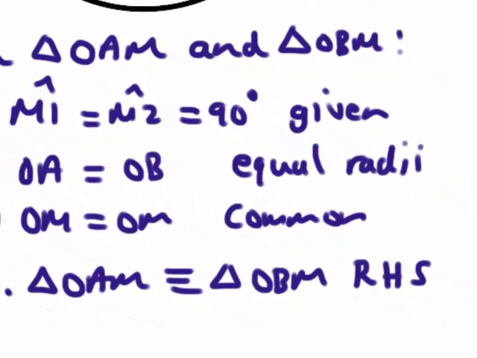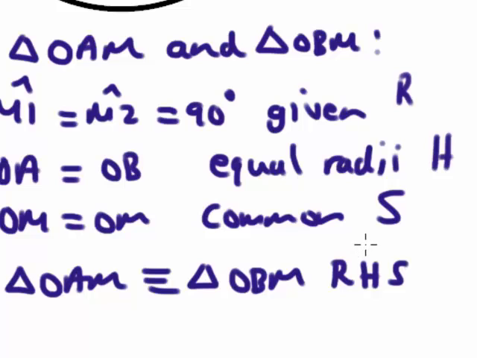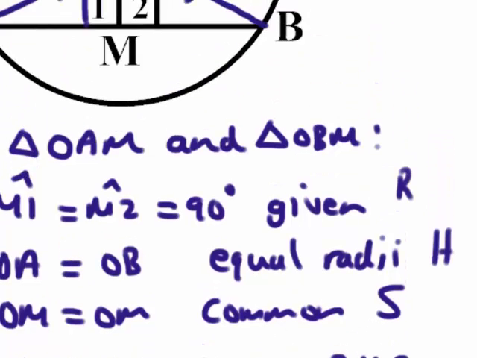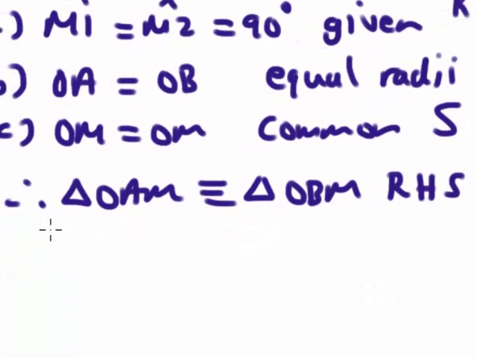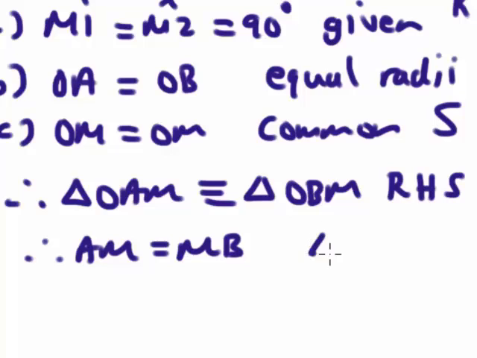The right angles are equal, the hypotenuses are equal, and there's a common side. And if these triangles are congruent, then automatically you can say that AM must be equal to MB because the triangles are congruent.